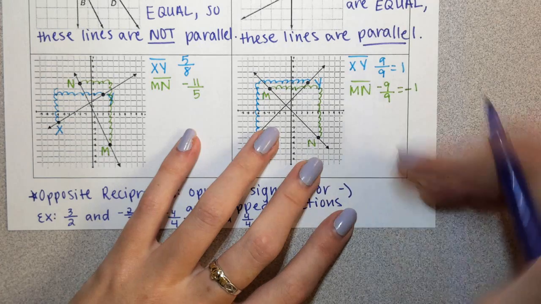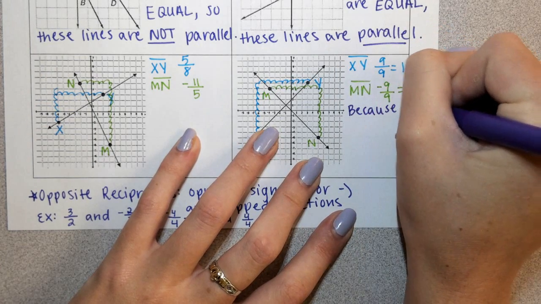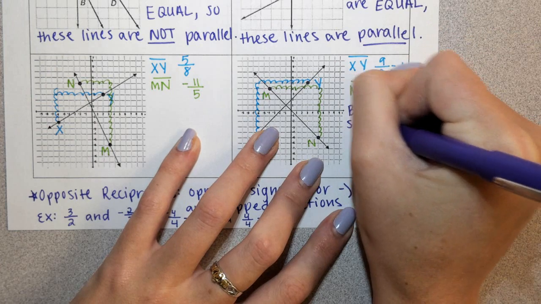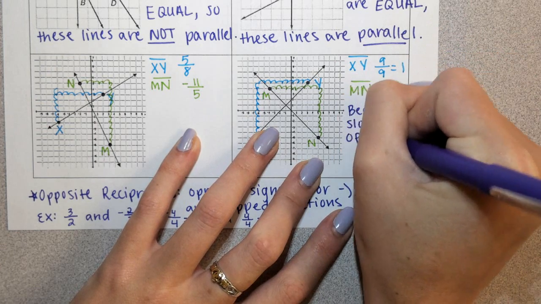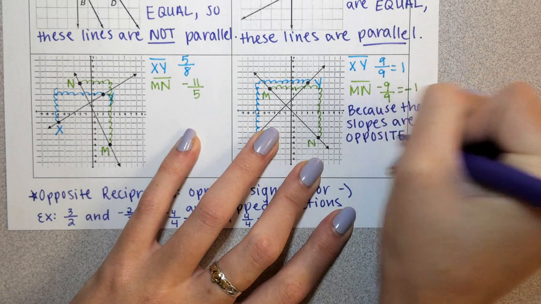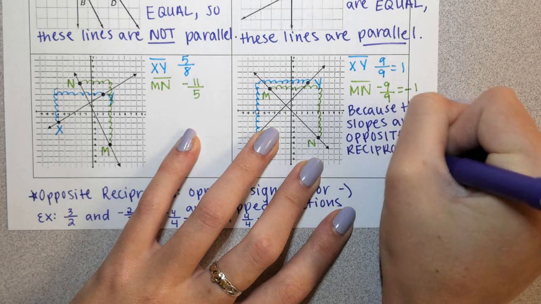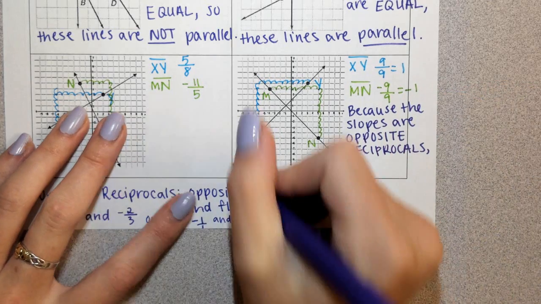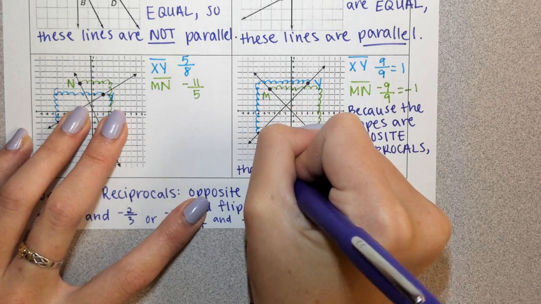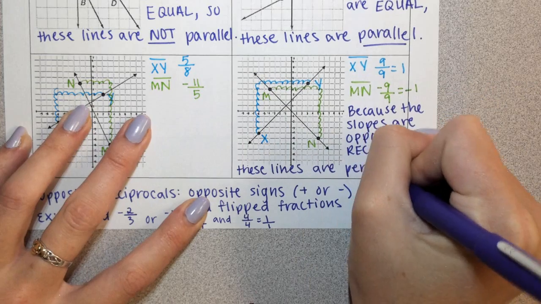So I can go up here and say, because the slopes are opposite reciprocals, these lines are perpendicular.